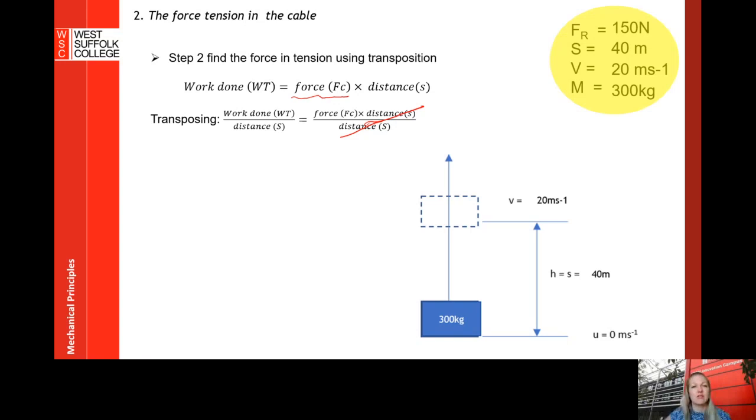That'll then leave me with my force on one side and my work done and my distance on the other, of which I both know at this stage. I know my work done from the previous slide, and I then know that my distance is 40 meters from our highlighted section that we did at the beginning.